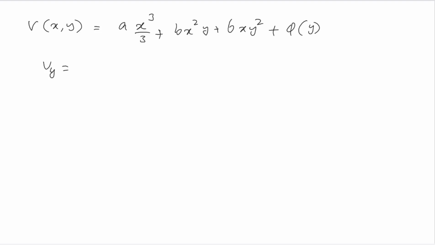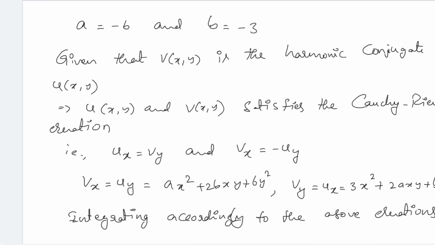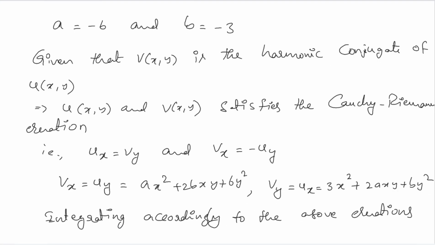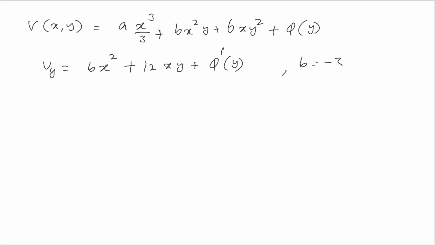But from this we get vy as bx square plus 12xy plus pi dash of y, where b is minus 3, which we calculated. So by substituting that, we get minus 3x square plus 12xy plus pi dash of y. This is Vy.